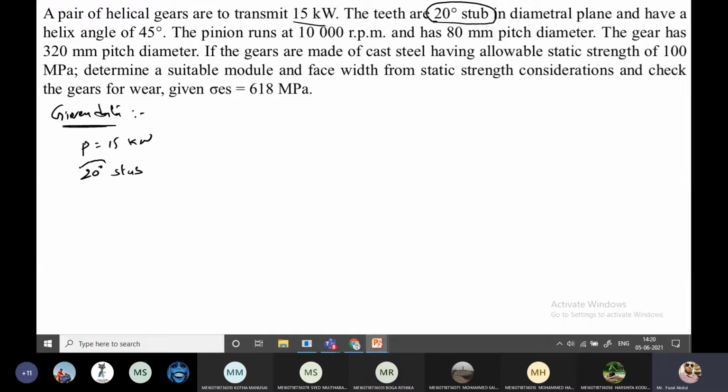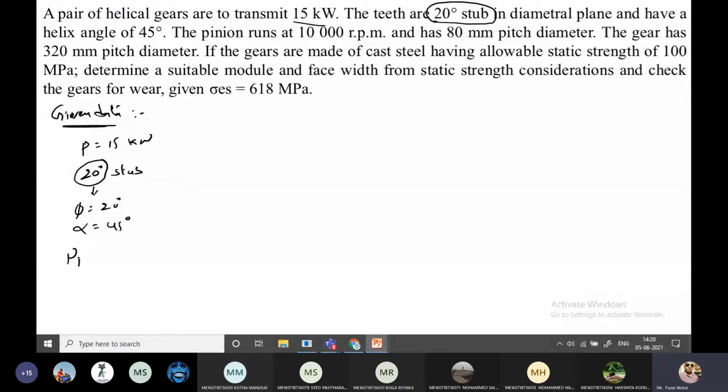where 20 degrees is the pressure angle, phi is 20 degrees, in the diametral plane, and a helix angle alpha of 45 degrees.